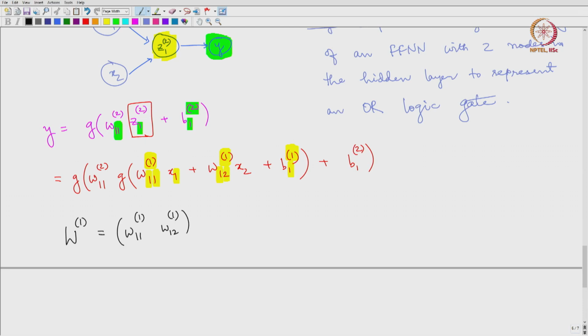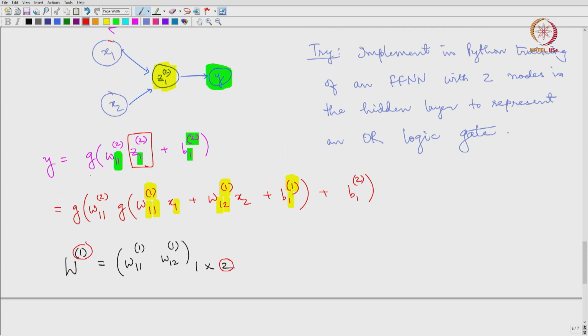So it is a 1 by 2 matrix. Why? Because the first layer has 2 nodes, as you can clearly see in this diagram, and the next layer has 1 node. So the size of the weight matrix is the number of nodes in the next layer times the number of nodes in the present layer.